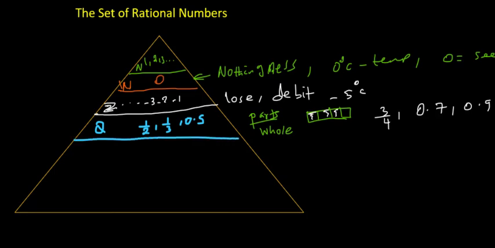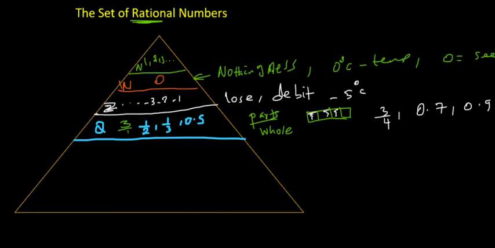Rational numbers include integers and whole numbers, because even 3 is a rational number, since there is a 1 under it, which by standard we don't have to write. So this is our rational number, the set of rational numbers, as a revision.